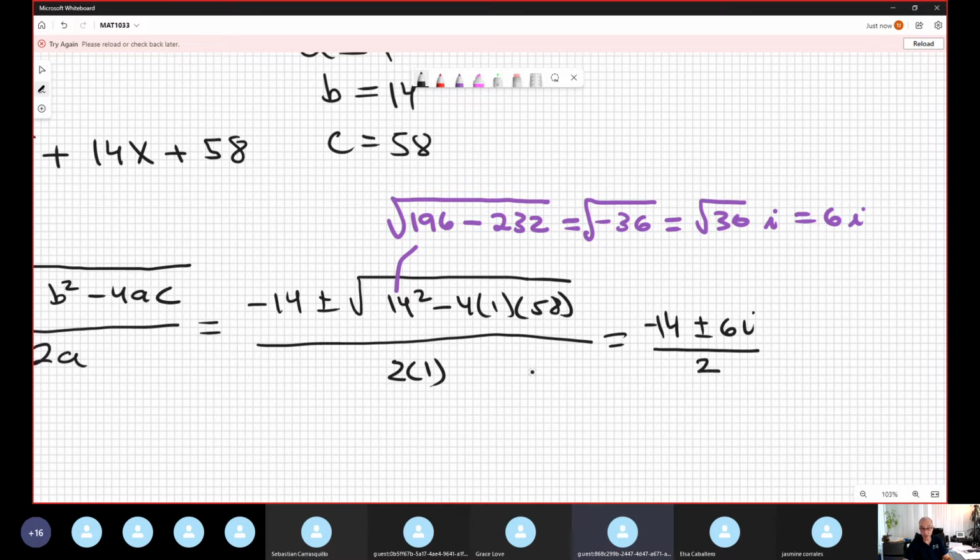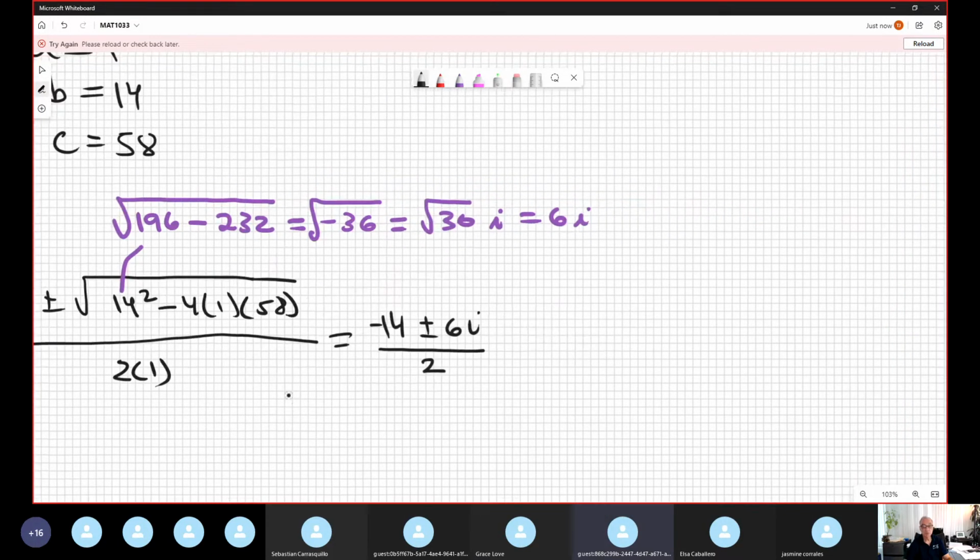One more time. 14, 6, and 2 are even numbers. You can factor out 2. Oh, another shortcut. Divided by 2: 7, negative. Divided by 2: 3. Divided by 2: 1, it's invisible. Minus 7 plus or minus 3i. So you don't like the shortcut?